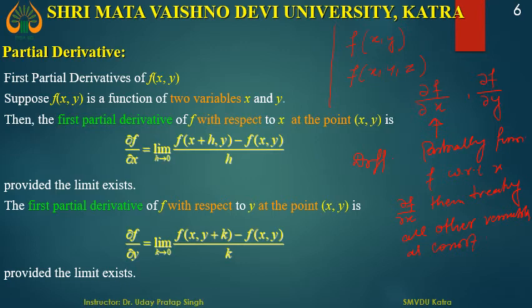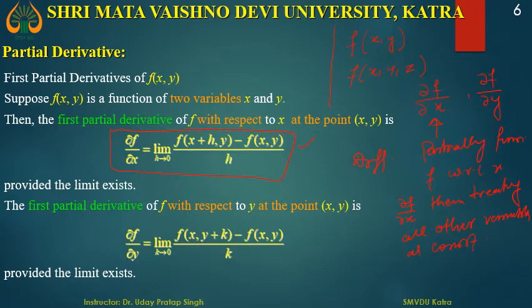Then dou f by dou x is limit h tending to 0, f of x plus h means change in x only. Y remains as it is. F of x plus h, y minus f of x, y divided by h, right? If this limit exists, then this is partial derivative of f with respect to x.